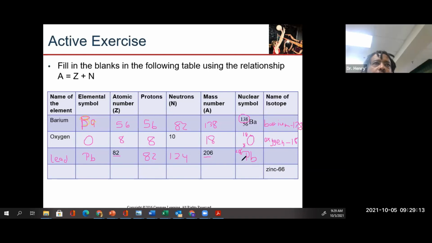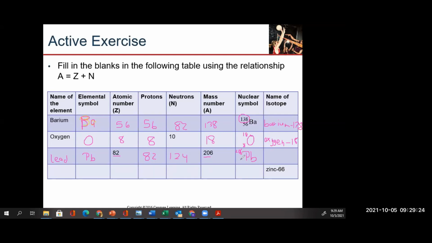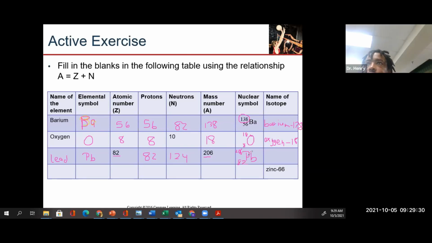And then what's going to be the subscript? Is it 82? 82. And we're going to call this guy lead-206. Okay.